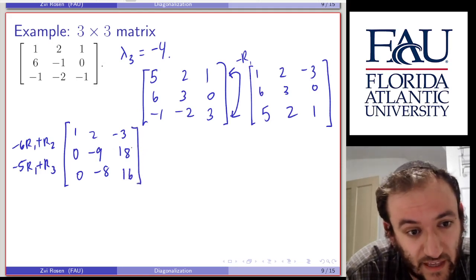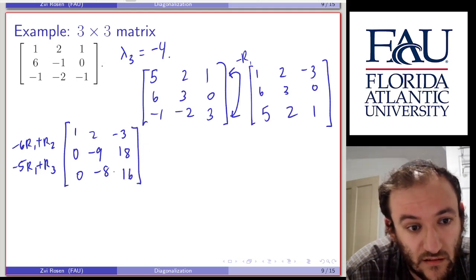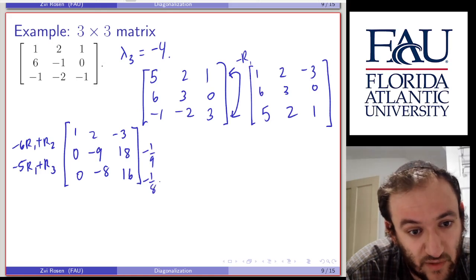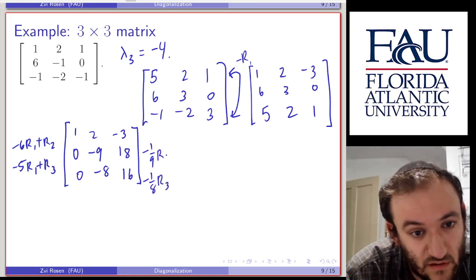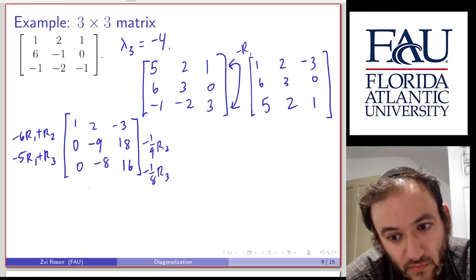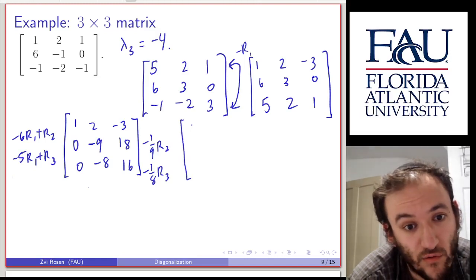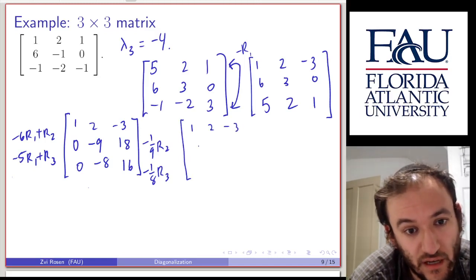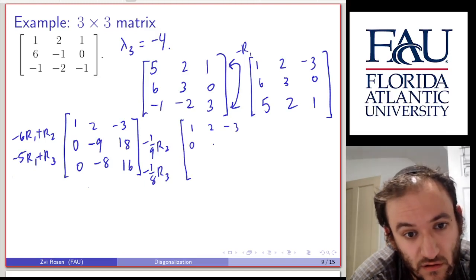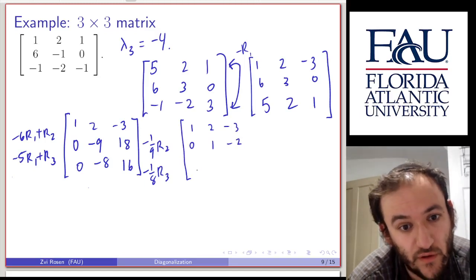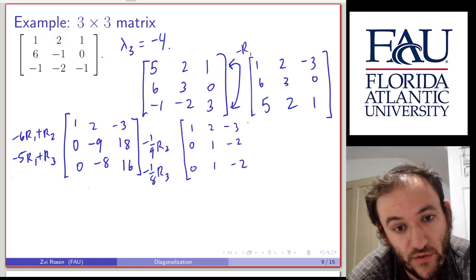Okay, and obviously when you take minus 1 over 9 and minus 1 over 8 times each of these two rows, this gives us 1, 2, minus 3, 0, 1, minus 2, 0, 1, minus 2.